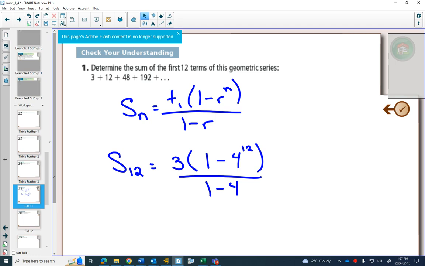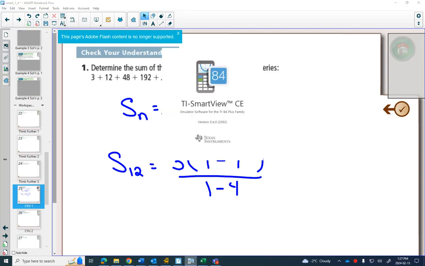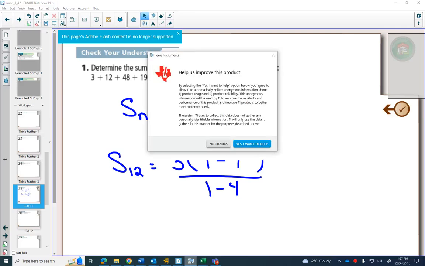Now, if you have a graphing calculator and you have a bunch of numbers to plug in, I would like you to get used to typing it in all at once. And if you have the newest version of the graphing calculator, then I'll show you that you should use the fraction button. If you have an older version that doesn't have the fraction button, you're going to just have to type it in with brackets.